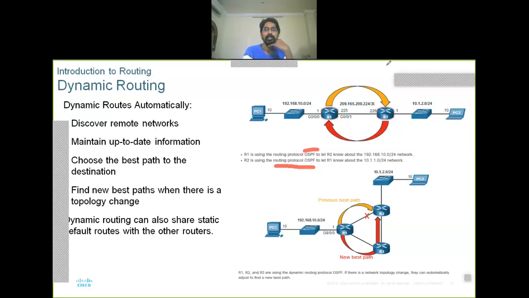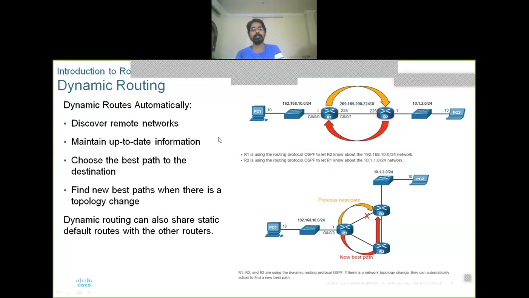Right. So in this dynamic routing, how does it take place? First, remote networks are discovered. If a new network is encountered, that is updated in its routing table. Then this new information is shared with all the routers in the network.